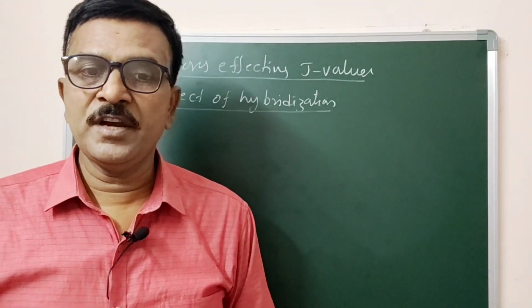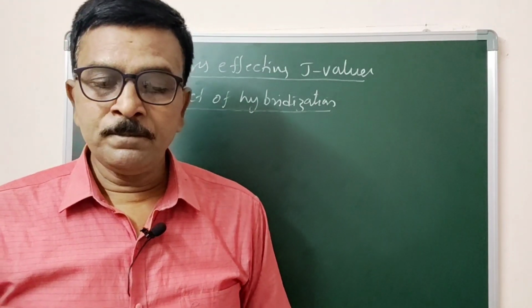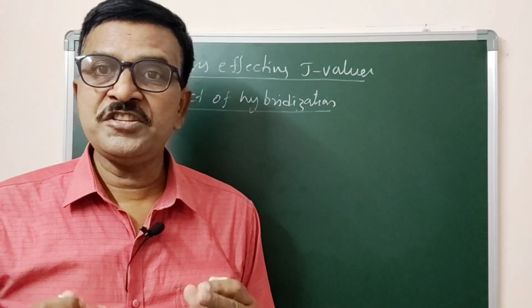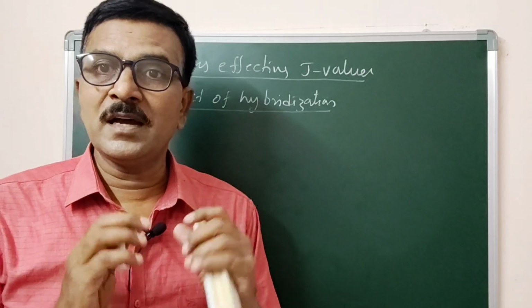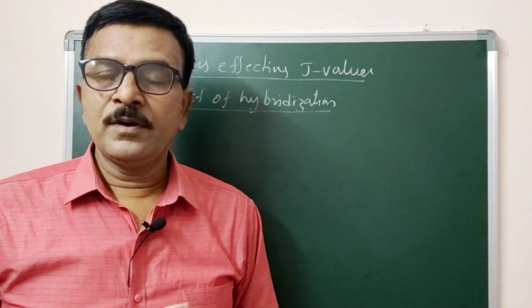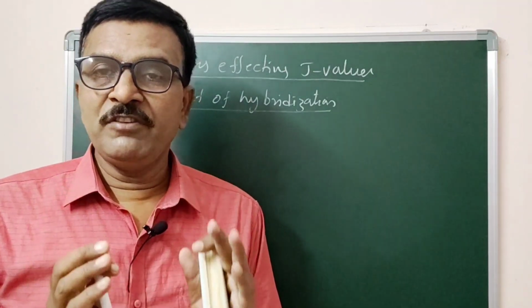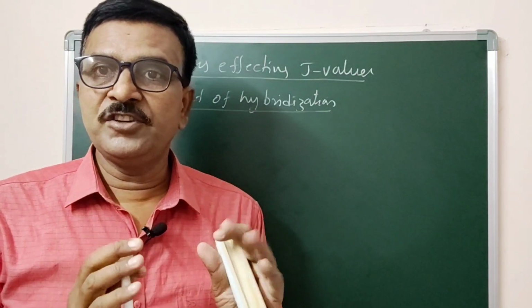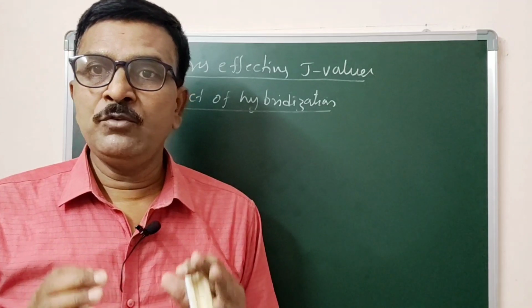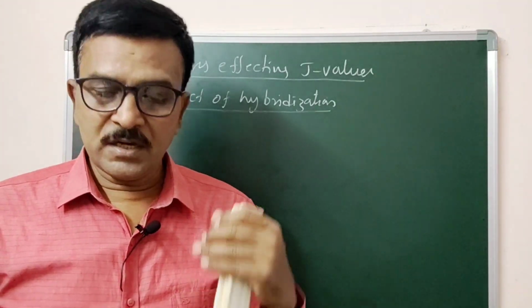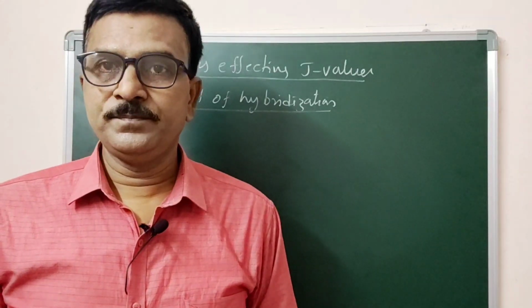Geminal coupling constants, called 2J values, depend upon the hybridization of the atom to which the coupled protons are attached. That is, all the 2J geminal coupling constant values depend only on the hybridization of the atom to which the coupled protons are attached.